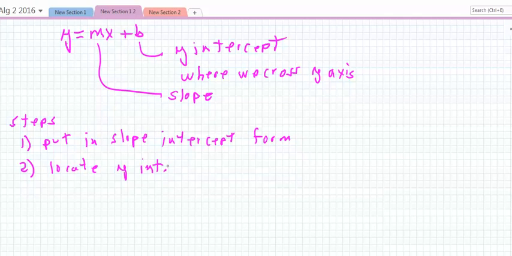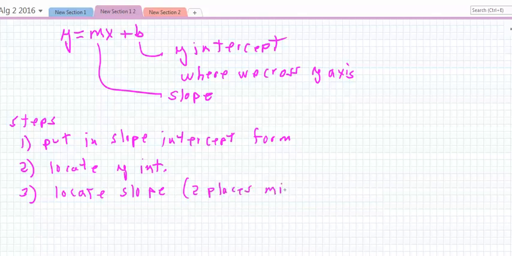And we abbreviate it y-int. 3, locate slope. Two places minimum. And draw. So, let's do one. It's really pretty basic.